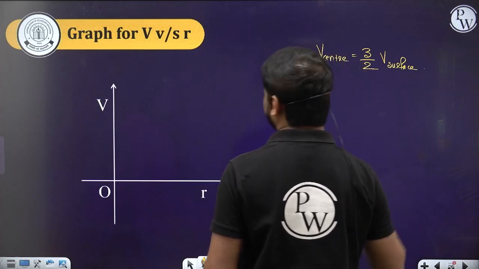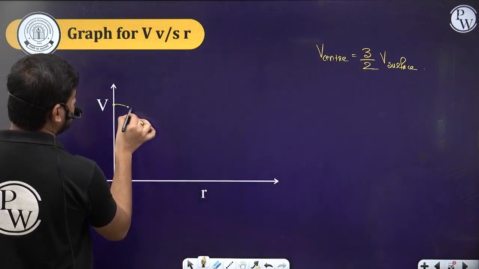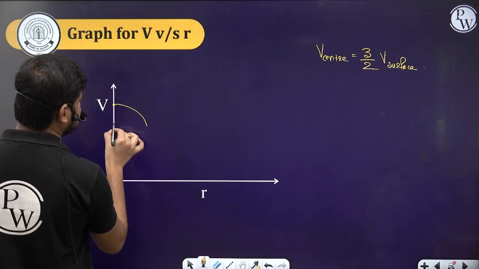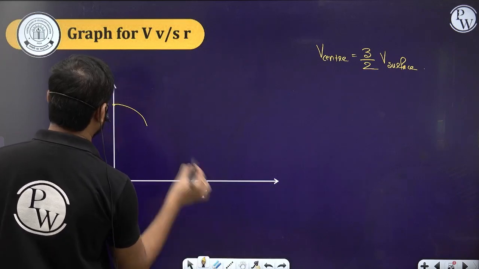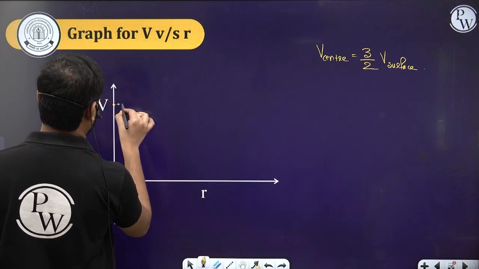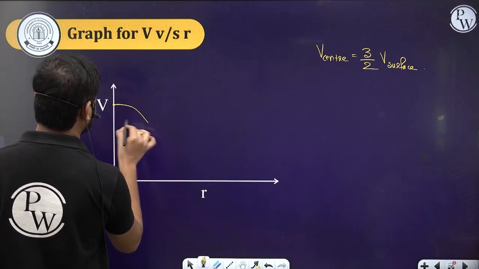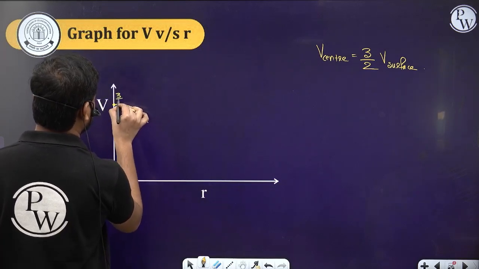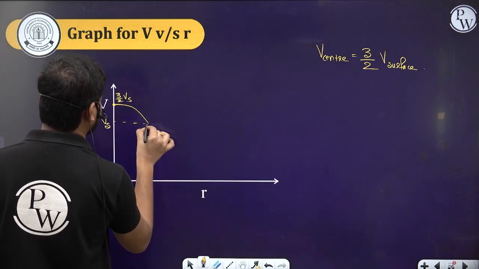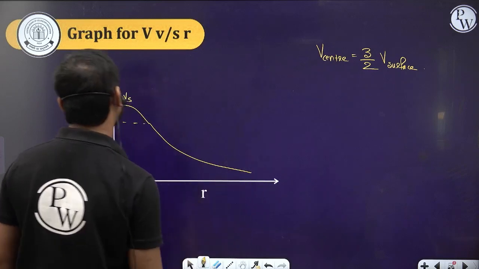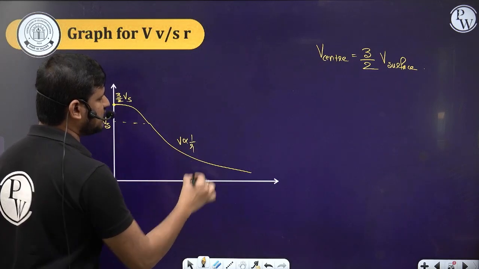So that means at the center it will be maximum, and then this is at the surface, and then from outside it decreases like this. From center to surface, this is the formula. At center, this is 3 by 2 times the surface. So this is the potential at the surface, and from the surface it decreases like this. The potential is inversely proportional to r.